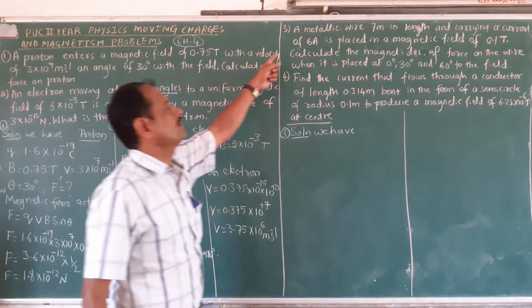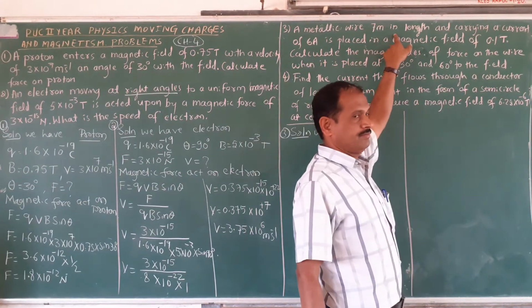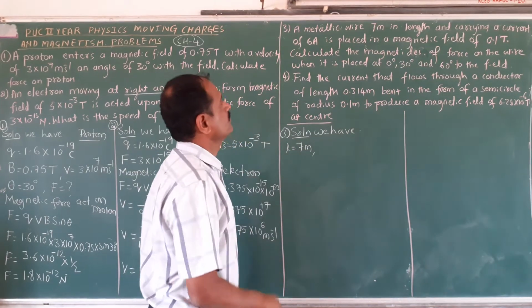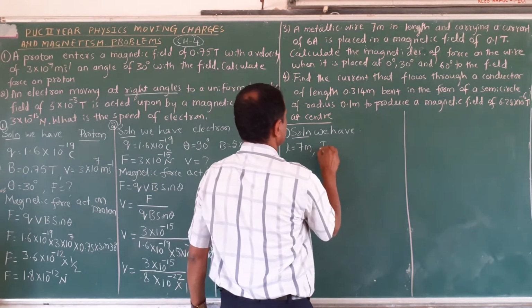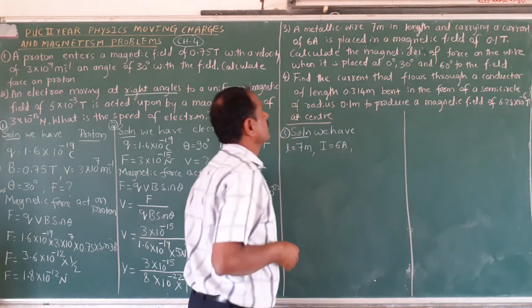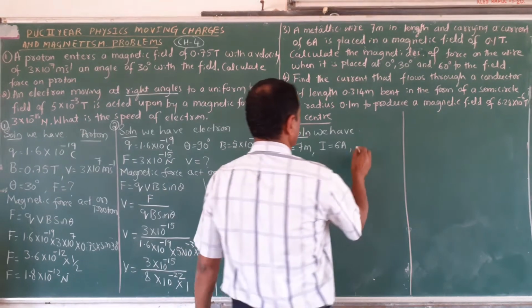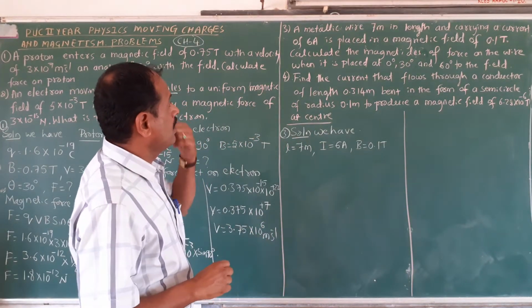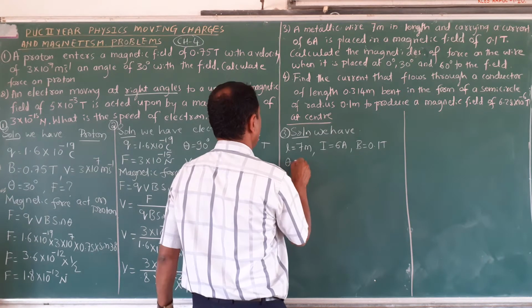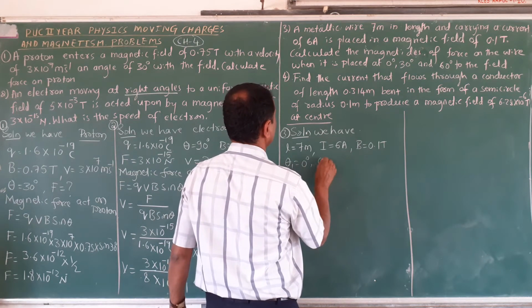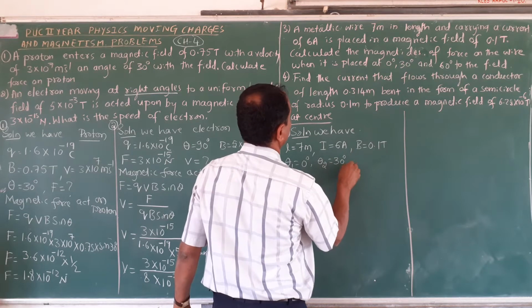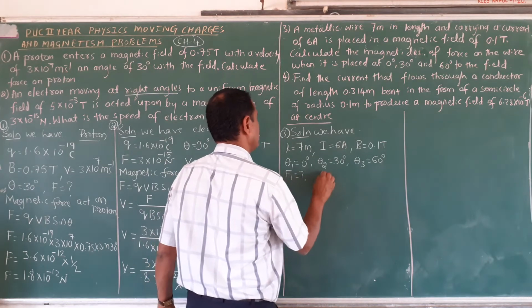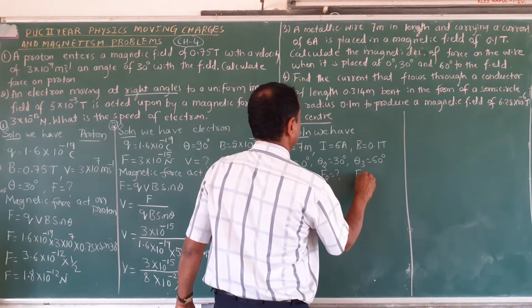A metallic wire 7 meter in length, L is 7 meter, carrying a current of 6 ampere, I is 6 ampere, placed in the uniform magnetic field of B 0.1 Tesla, and placed at theta 1 is equal to 0 degree, theta 2 is equal to 30 degree, theta 3 is equal to 60 degree. Force F1 question mark, force F2 question mark, F3 question mark.